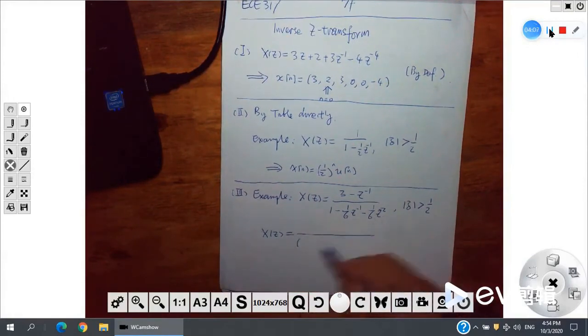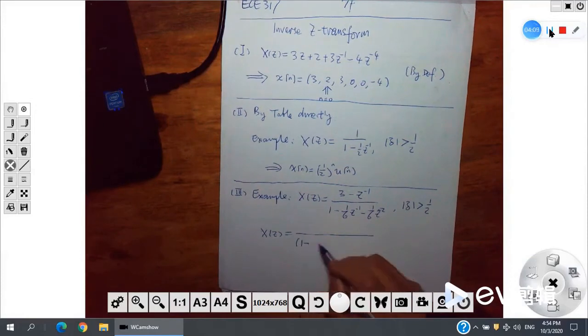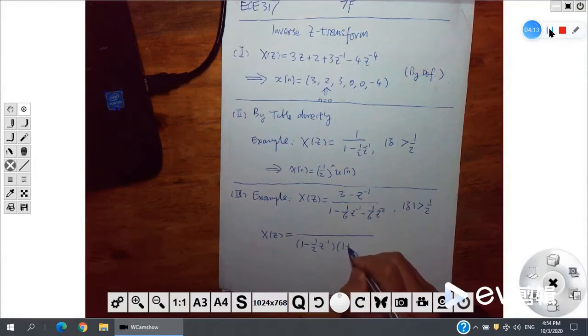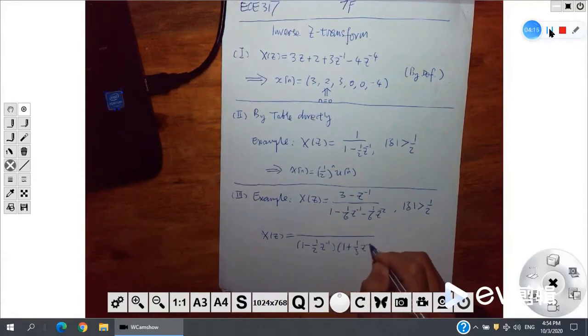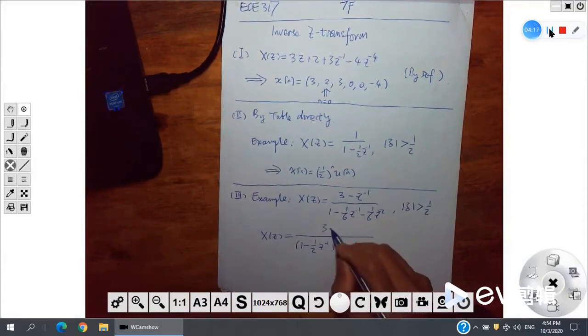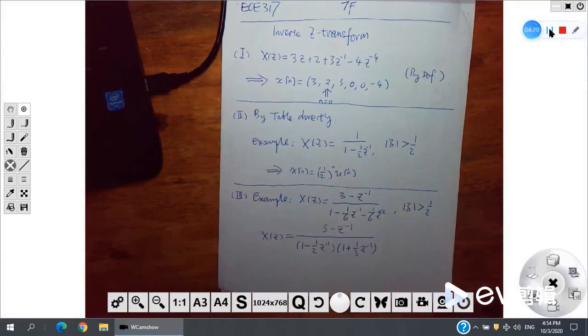So this one I can write as 1 minus 1 half z to negative 1 and 1 plus 1/3 z to negative 1. Here's 3 minus z to negative 1. You see the denominator: 1 times 1 you get 1. 1 times 1/3 and 1 times negative 1 half are the coefficients before z to negative 1.